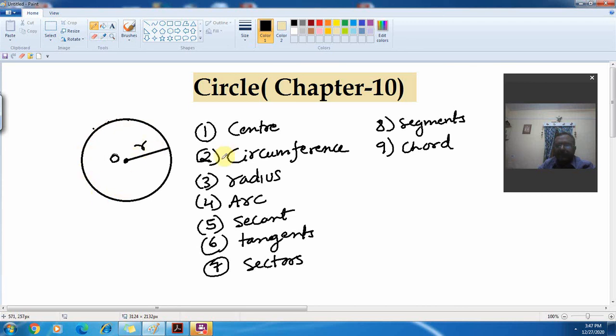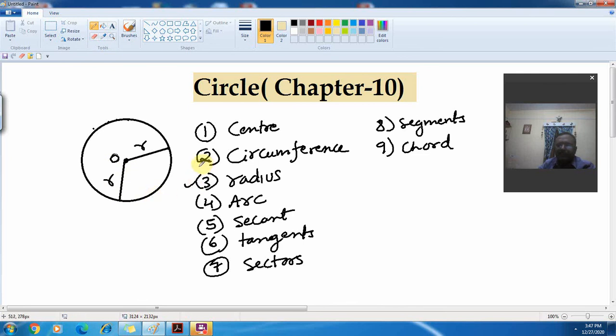Now the second point is radius. Radius is the distance between the center and any point on the boundary of the circle. So you can see, if I take one more distance from center O to the boundary of the circle, this will also be a radius, with equal distance.